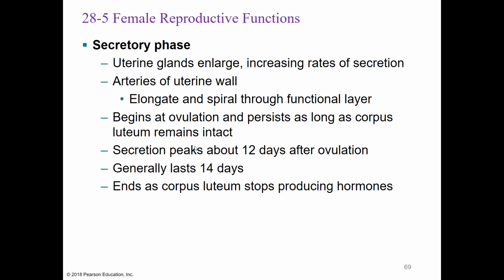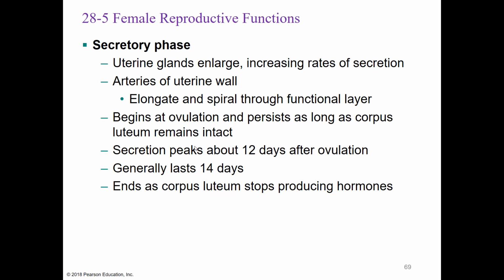In the secretory phase, the uterine glands enlarge, increasing their rates of secretion. Arteries will elongate and spiral through the functional layer. This begins at ovulation and will persist as long as the corpus luteum remains intact and is producing progesterone.